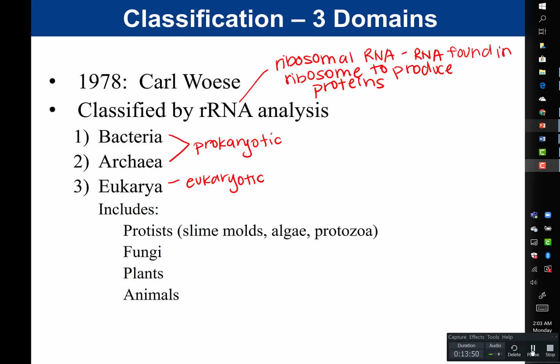That's because the way that an organism was classified as being a protist was that it was a eukaryotic cell, but it wasn't a fungus, an animal, or a plant. So it didn't meet the criteria to be any of those 3, but it was still eukaryotic. So they put all of those organisms in Protista.